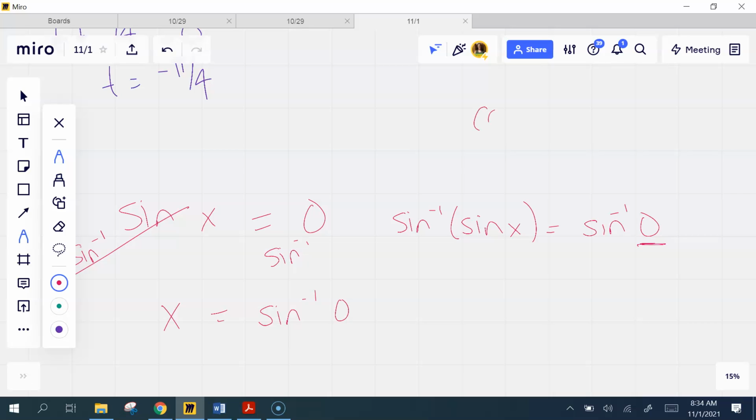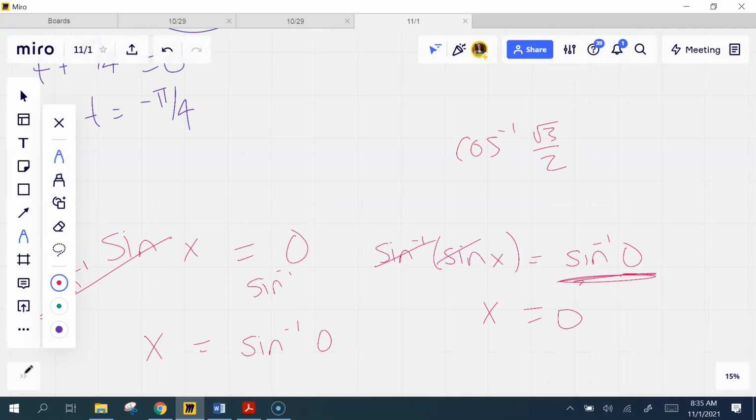If I asked you what is the inverse cosine of the square root of 3 over 2, I'm asking you, where is the cosine value the square root of 3 over 2? This one is asking, where is sine 0? This leaves me x, and this says, where is sine 0? Well, where is sine 0? At 0.